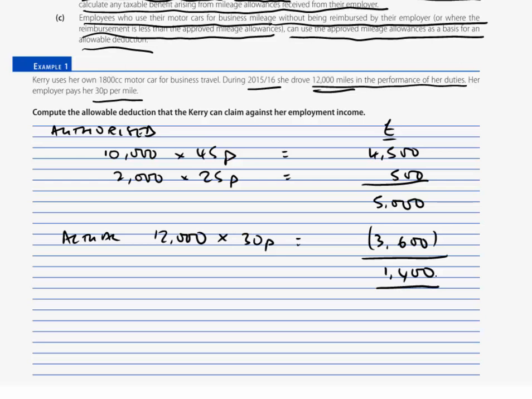The authorised rates would have allowed £5,000 to have been paid to the employee without any assessable benefit arising. But what she has only received is £3,600. So, as we were told here in Note C, employees who use their cars for business mileage without being reimbursed by their employer, or where the reimbursement is less than the approved mileage, then using the approved mileage rates we can work out what is an allowable deduction.